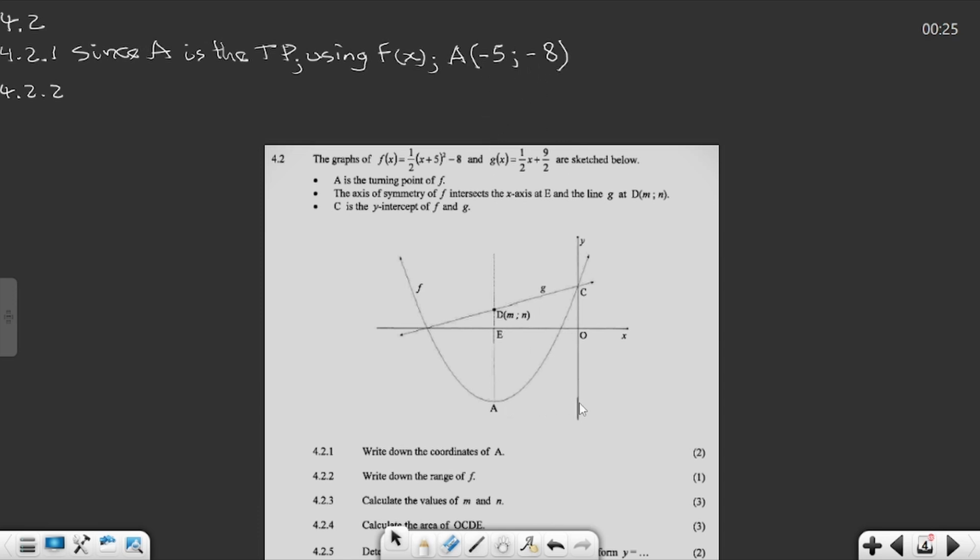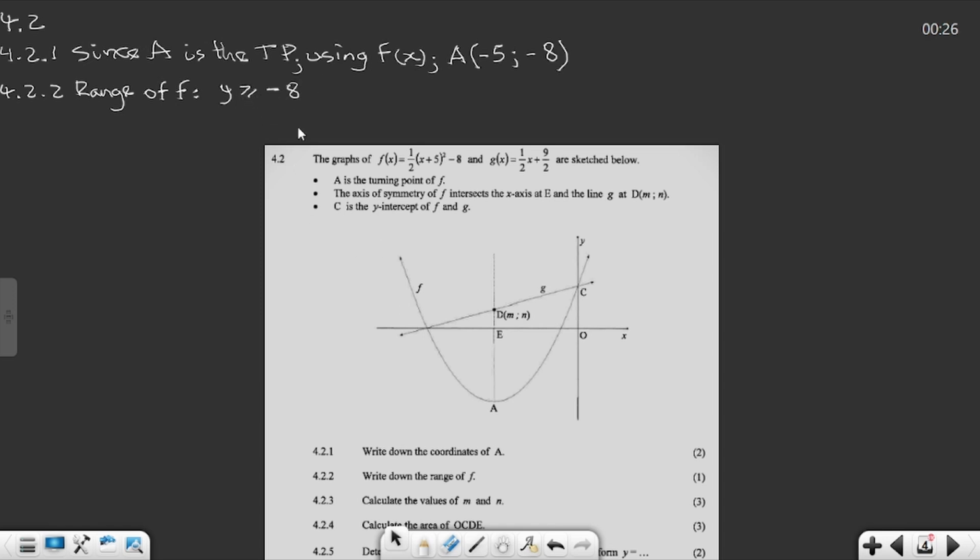So from -8 going up, all those values exist for the graph of f. So below -8, you don't have values that exist for this graph of f. So you will say the range of f is y greater than or equal to -8.